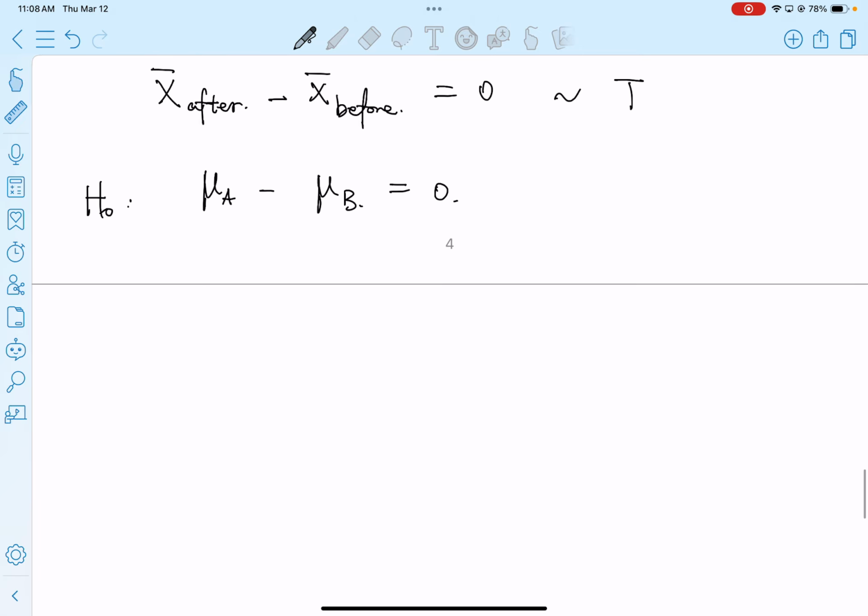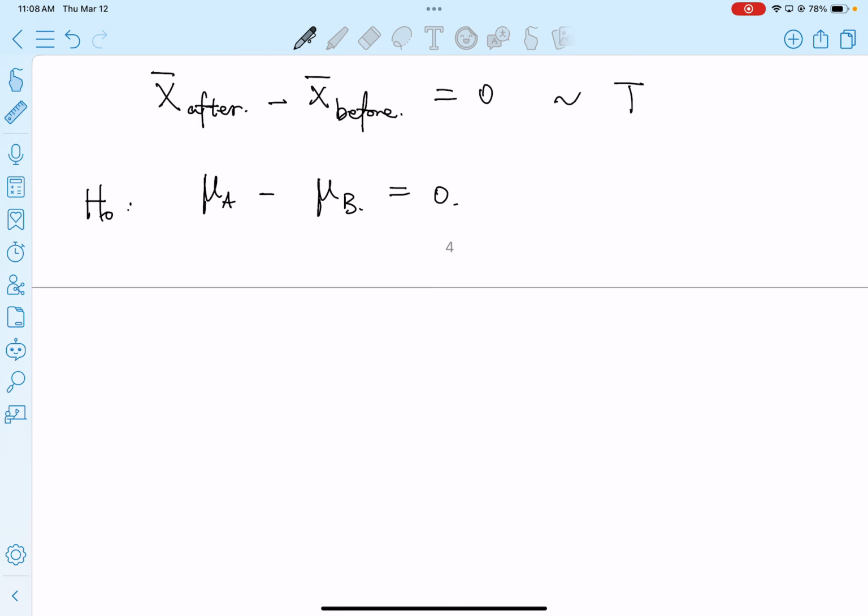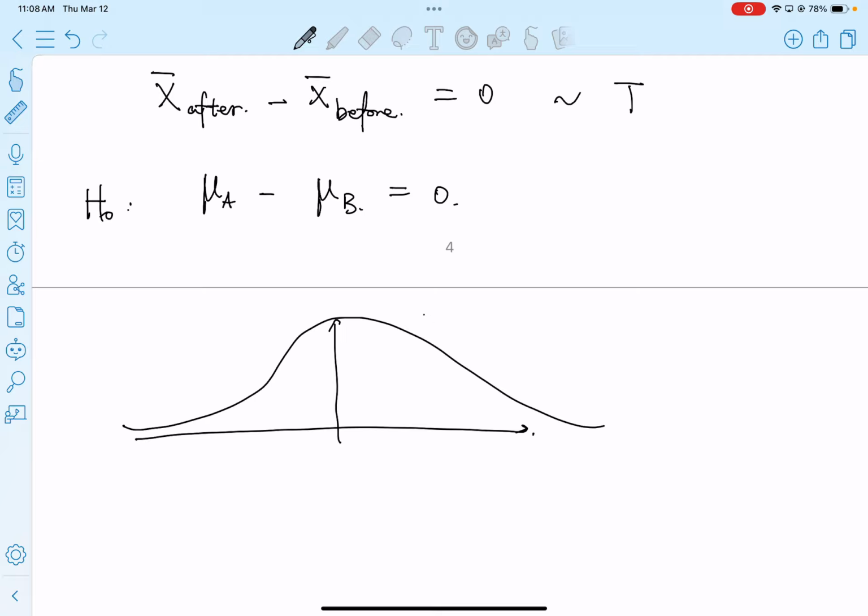Okay? And then what you're doing is using the t distribution. This is the t distribution under the null hypothesis, when your drug has no treatment effect. You will be calculating the probability based on your patient data, like what we did in the normal distribution.